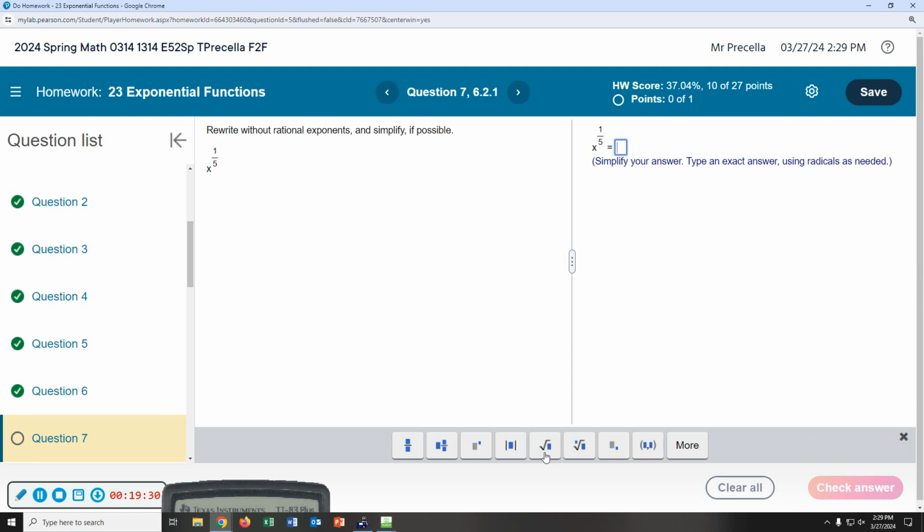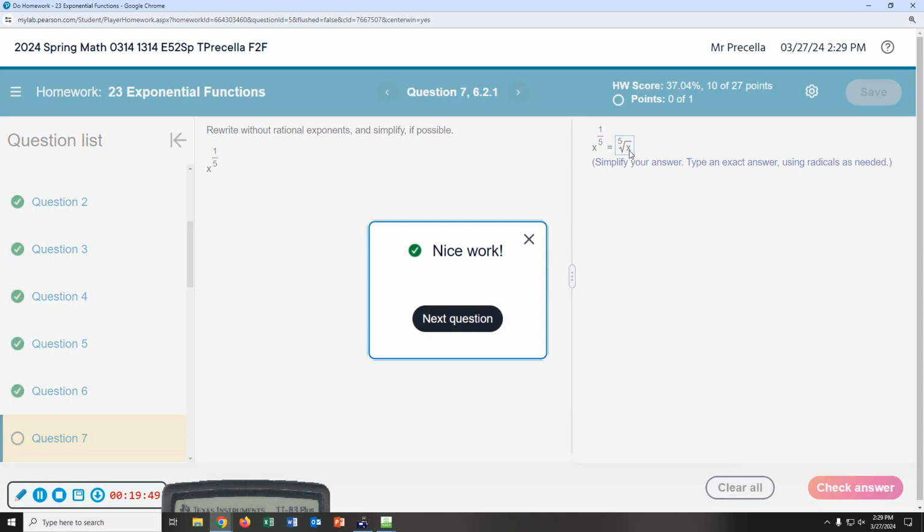So we don't use this hot button here. That's for square roots. Any other type of radical where you have an index appearing, you have to use the nth root key. Up here where the cursor's flashing, you type the 5. Underneath the radical, you type the x. Any questions there?